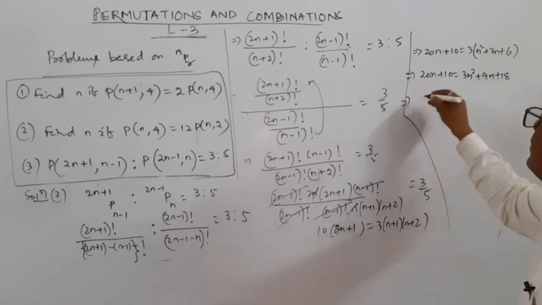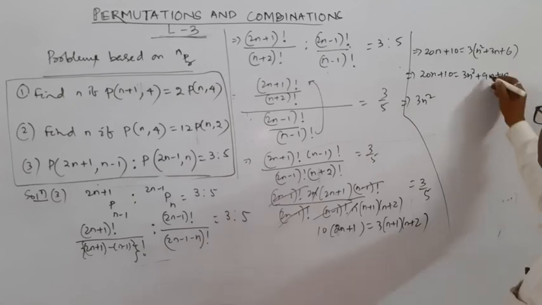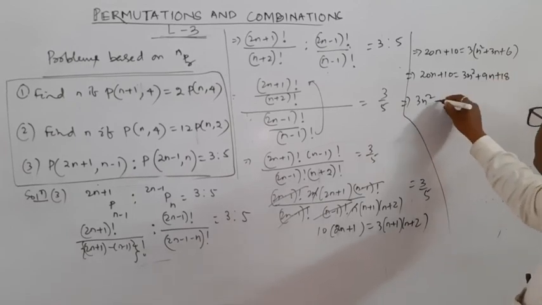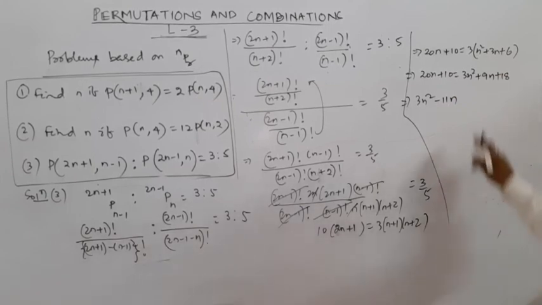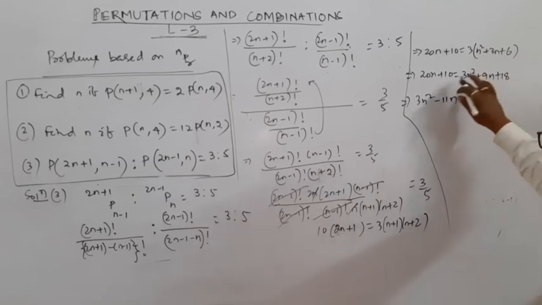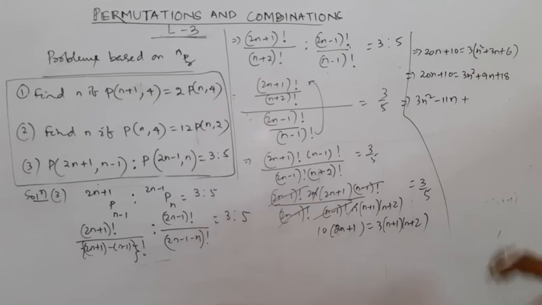So 3n square minus 11n, and 18 minus 10, that is plus 8, is equal to 0.